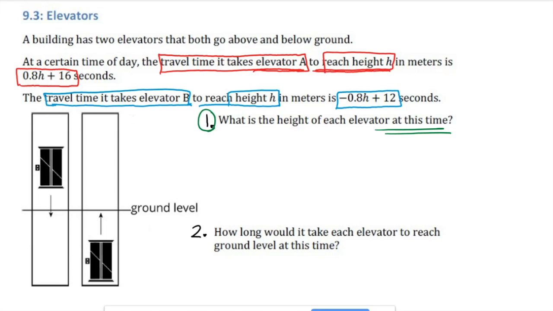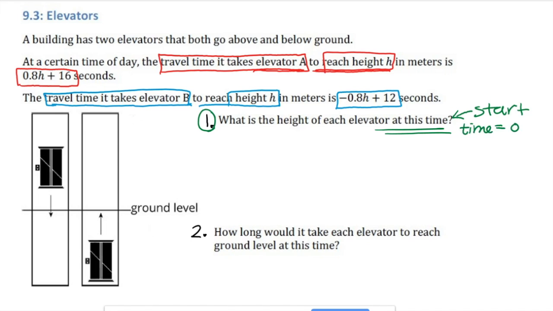Okay, so let's think about what time we're talking about. Well, we're just starting this problem. I don't know what time of day it is, but we can look at this as the start. So when we start our calculations or we start measuring, our start time would be 0.